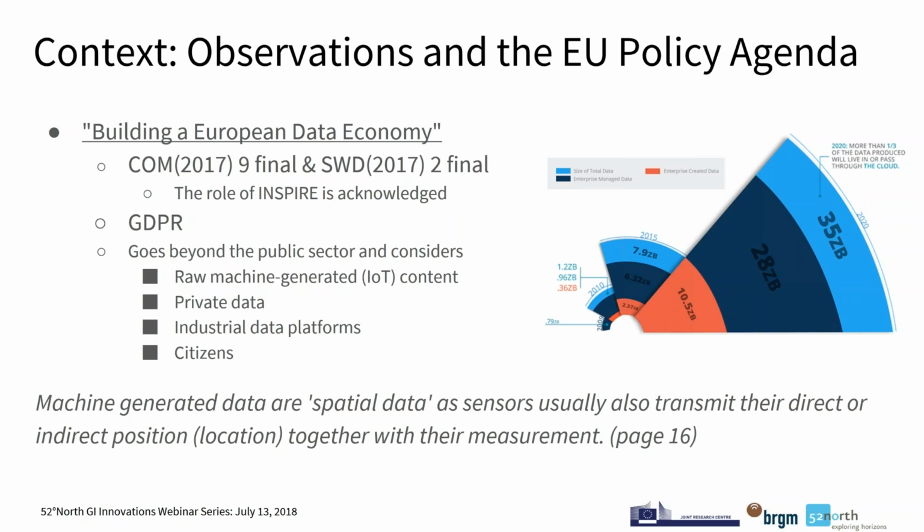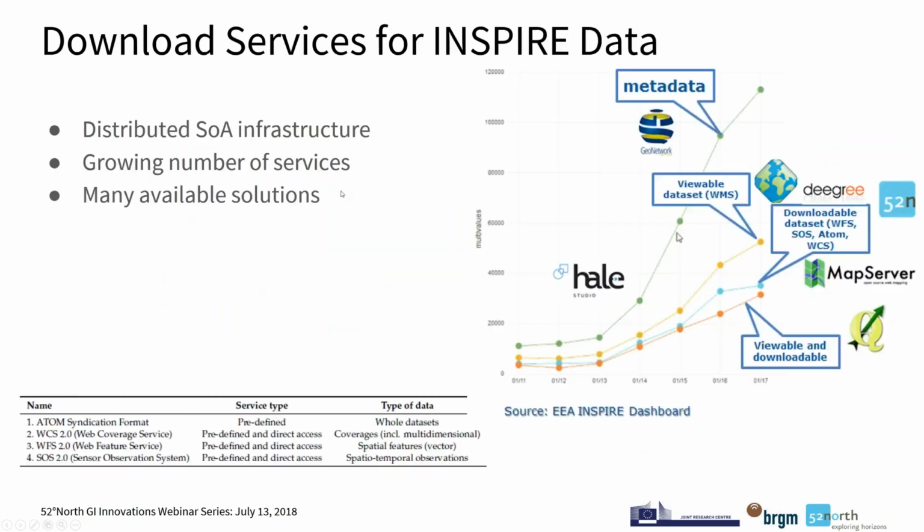This is all spatial data, and a big portion of it is spatial and also spatial temporal data. Inspire within this communication and staff working document for building the data economy is acknowledged as a best practice. For a good reason.